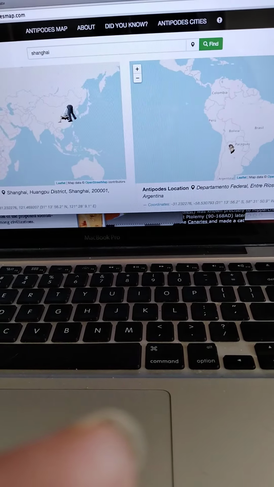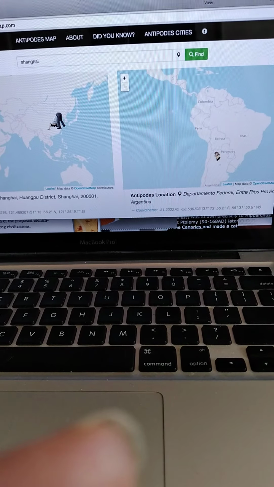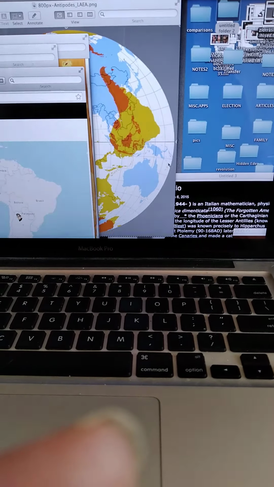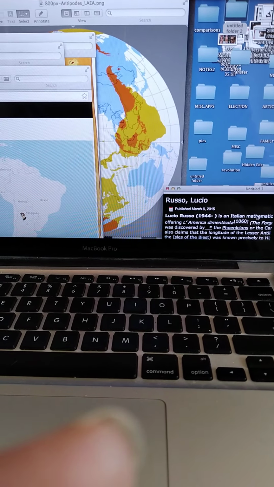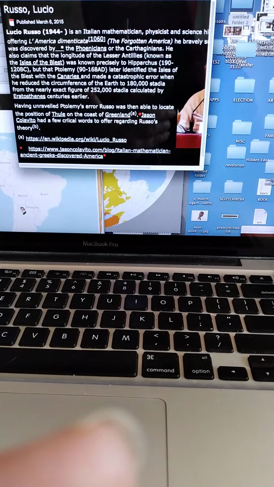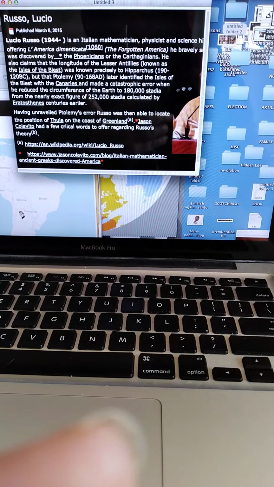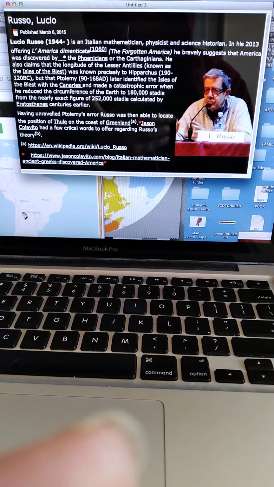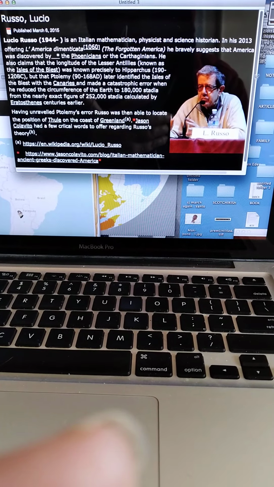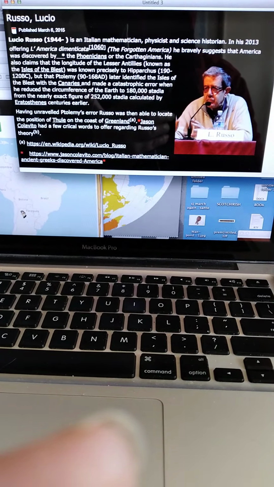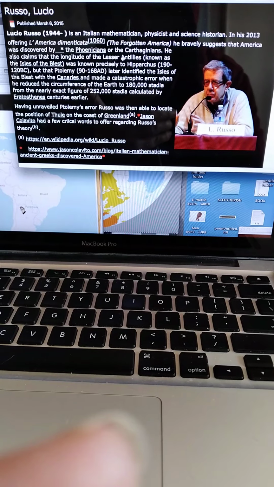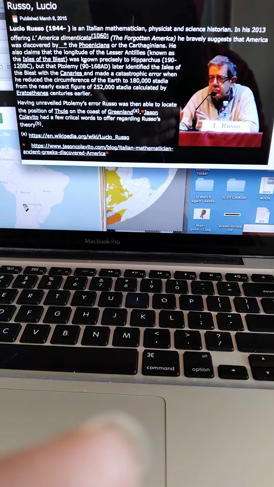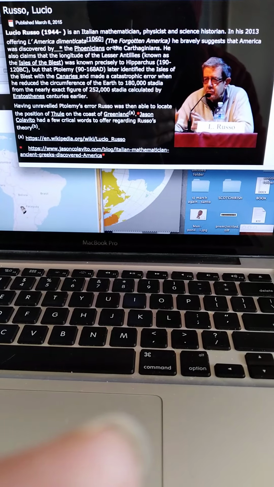So yeah, this shows China antipodal to Argentina. And see, this guy says, this is Lucio Russo, he says that Ptolemy himself got it confused.